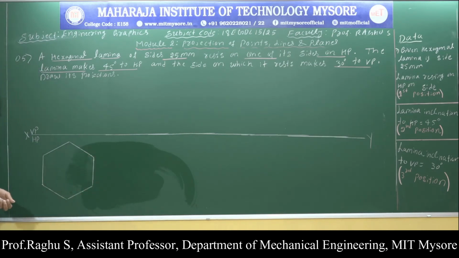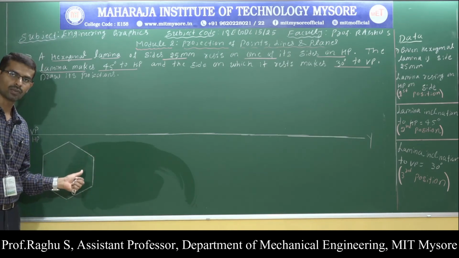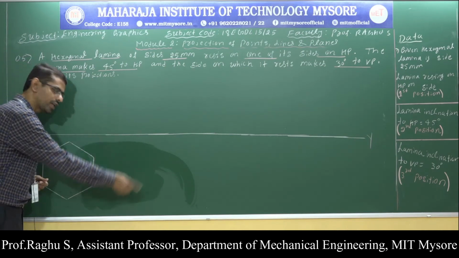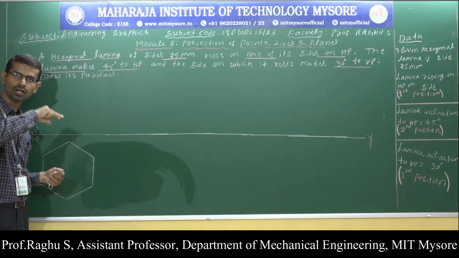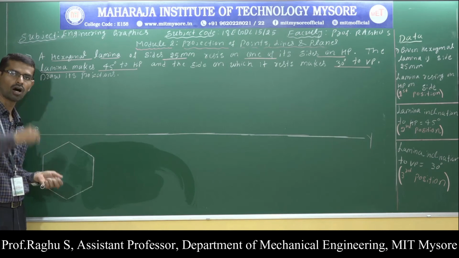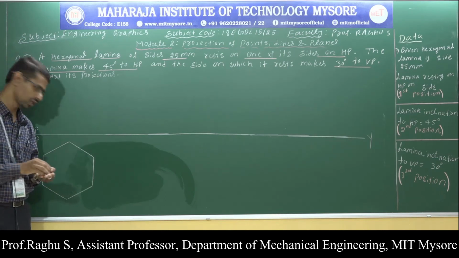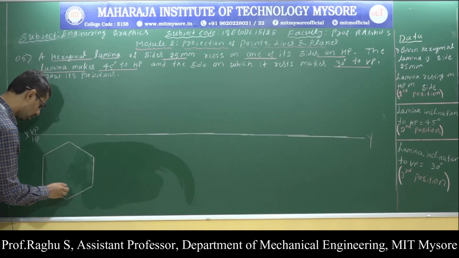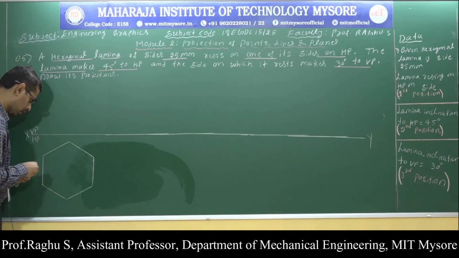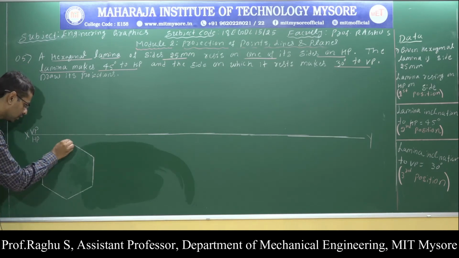Here you should construct the hexagonal lamina by drawing a circle and dividing that circle into 4 equal parts, then draw arcs and connect the arcs. Next, make it dark.